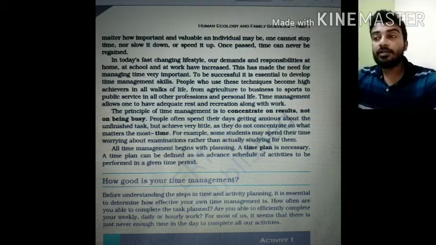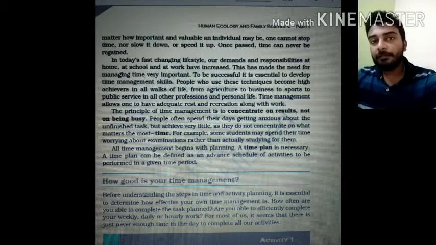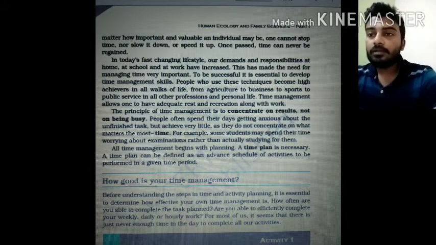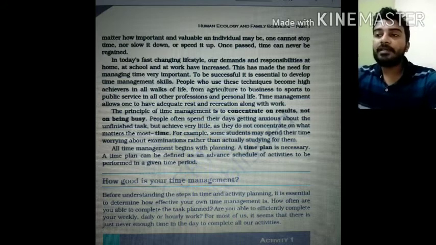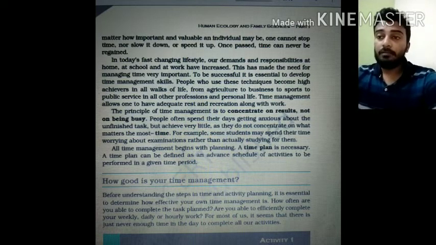So you have to concentrate on your results also, that whatever work you are doing, are you getting feedback from that work? People often spend their days getting anxious about unfinished tasks but achieve very little, as they do not concentrate on what matters the most.